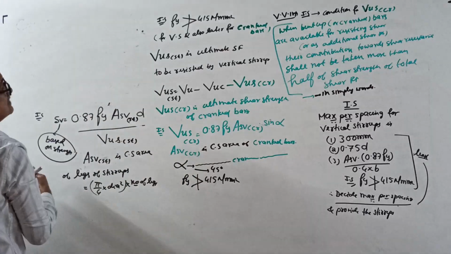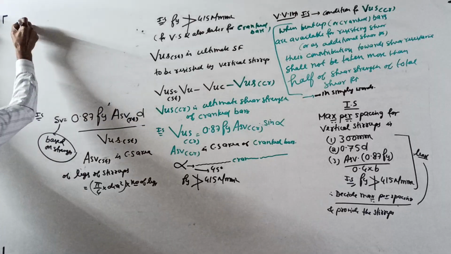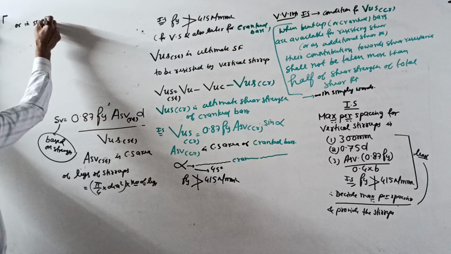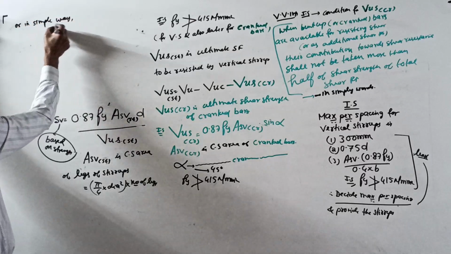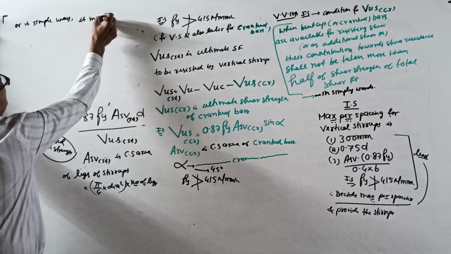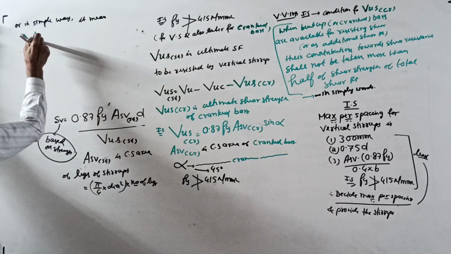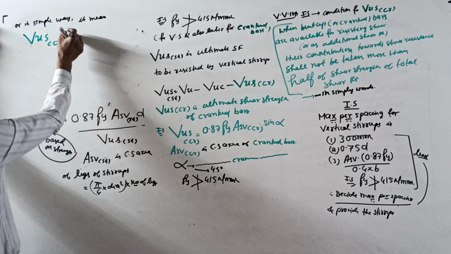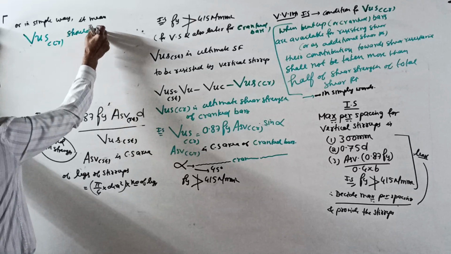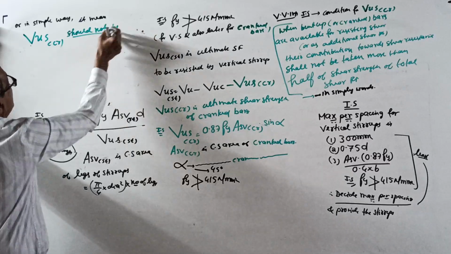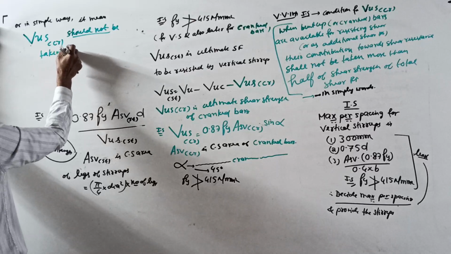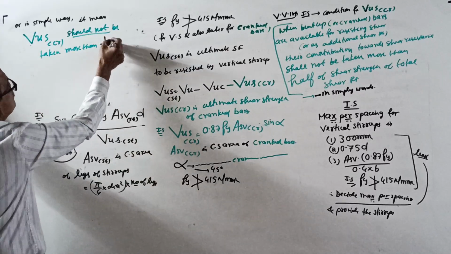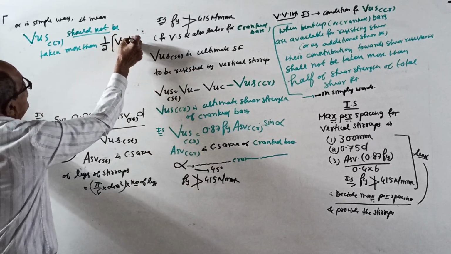In simple words, it means VUSCR should not be taken more than half of Vu minus Vuc.